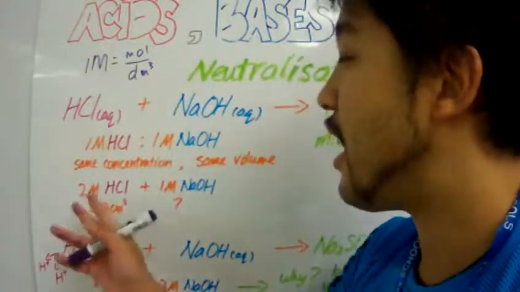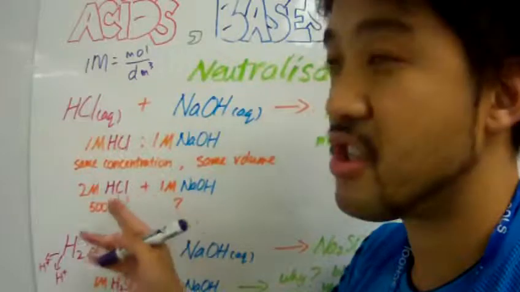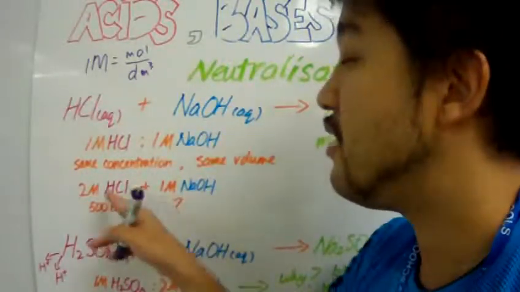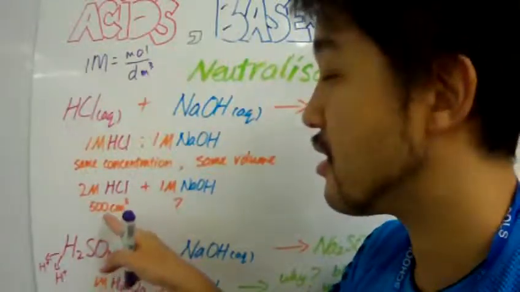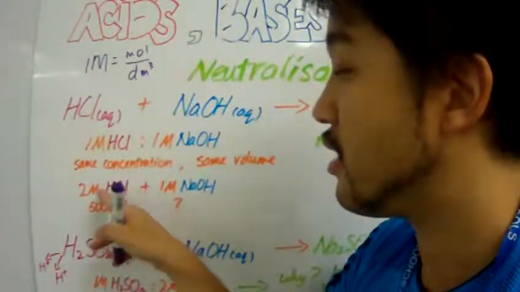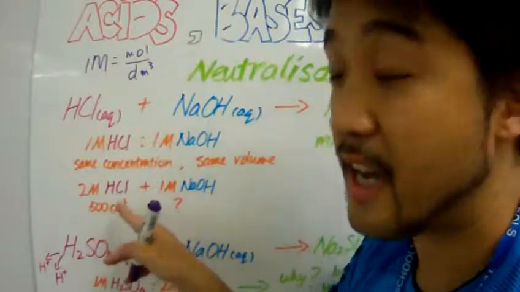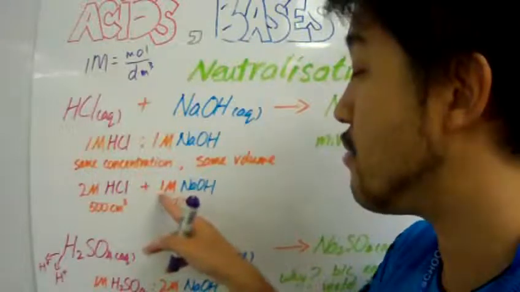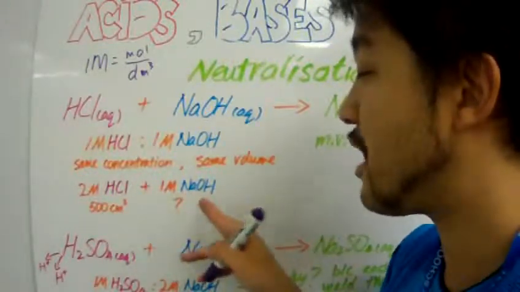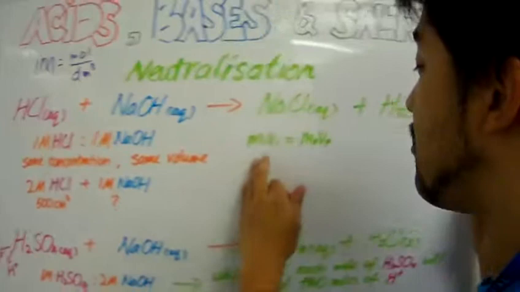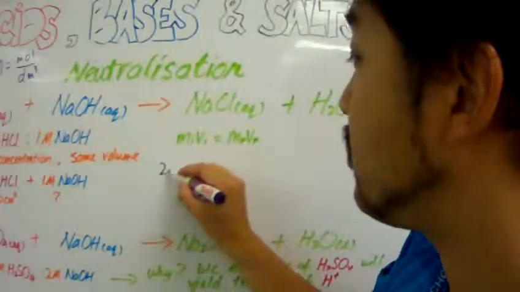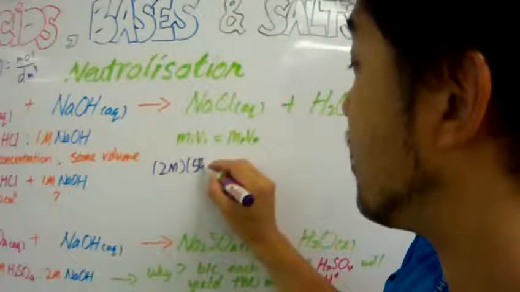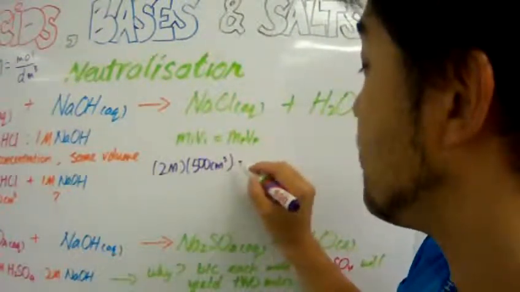For example, if I had 2 molar hydrochloric acid reacting with 1 molar sodium hydroxide, and I used 500 cubic centimeters of 2 molar hydrochloric acid, how much volume of 1 molar sodium hydroxide would I use? Plug this into this formula, and you will have 2 molar with 500 cubic centimeters.